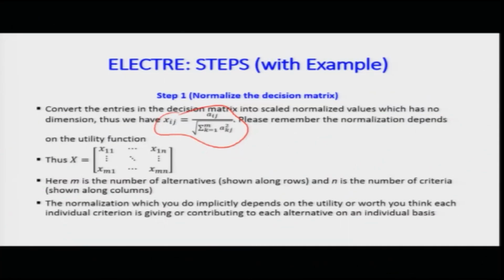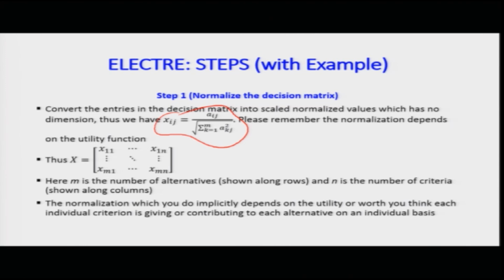Here m, as the third bullet point mentions, is the number of alternatives shown along the rows, and n is the number of criteria shown along the columns. The normalization which the decision maker does implicitly depends on the utility, or what he or she thinks each individual criterion is contributing to each alternative on an individual basis.